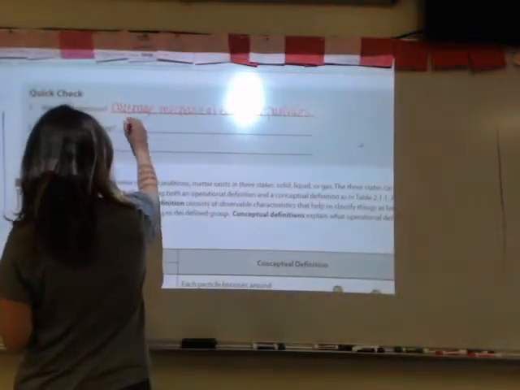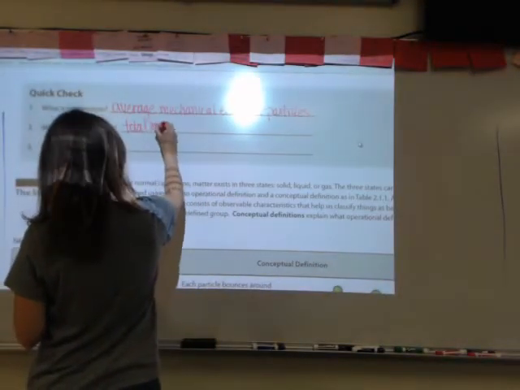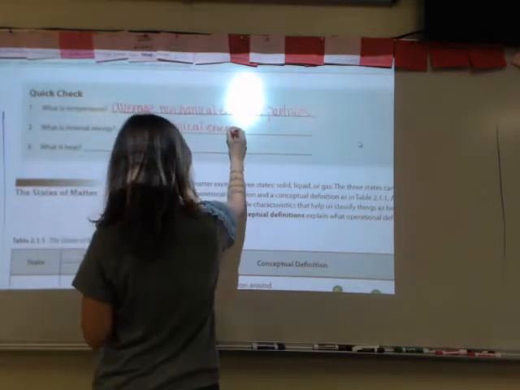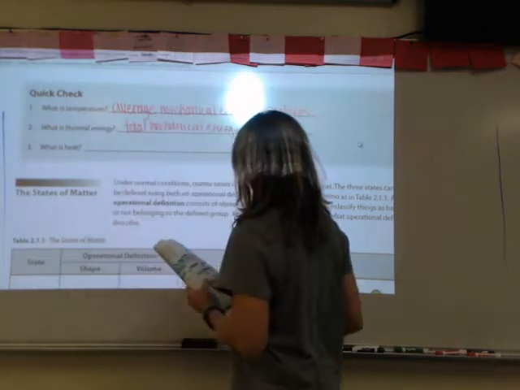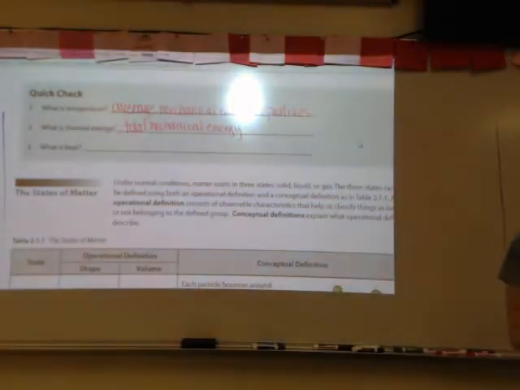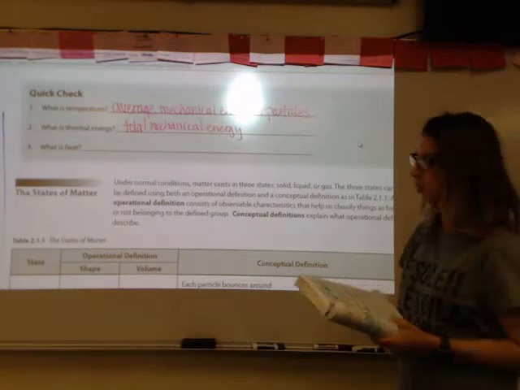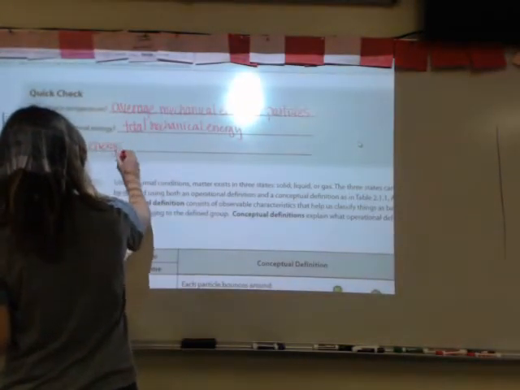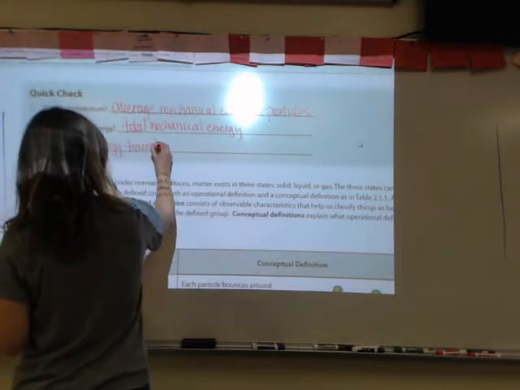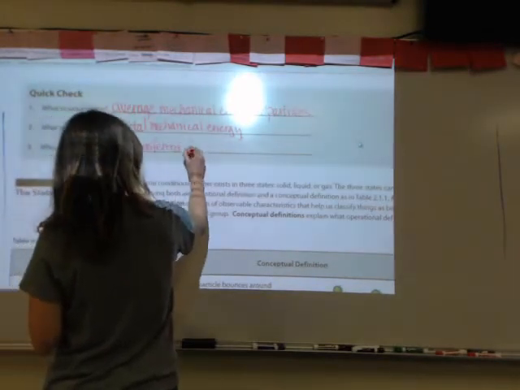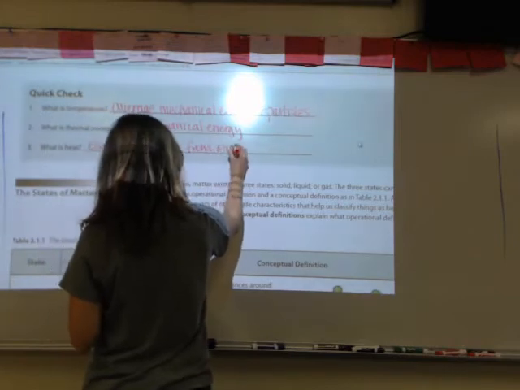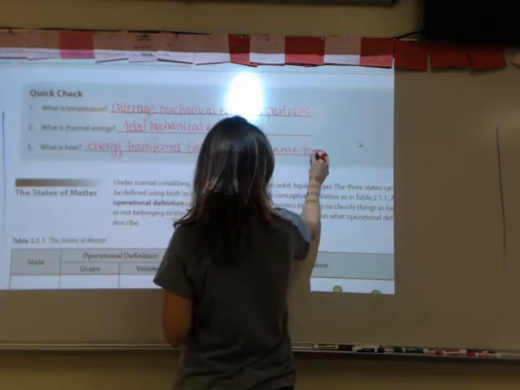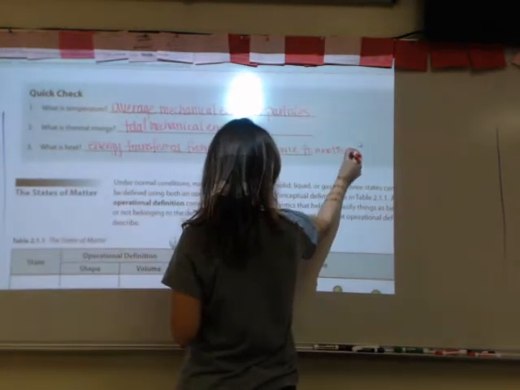This is the total mechanical energy of an object's particles. Number 3, what is heat? That is energy transferred from one substance to another due to a difference in temperature.